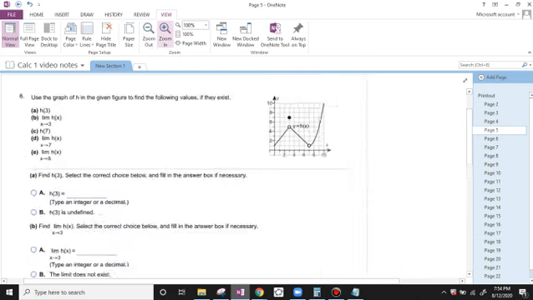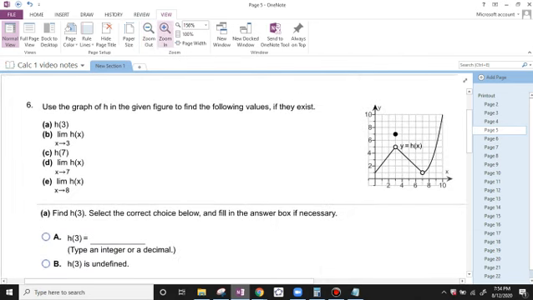Doing some limit evaluation. Use the graph of h in the given figure to find the following values, if they exist. The value of h at 3 is the black dot at 3. That is 7.